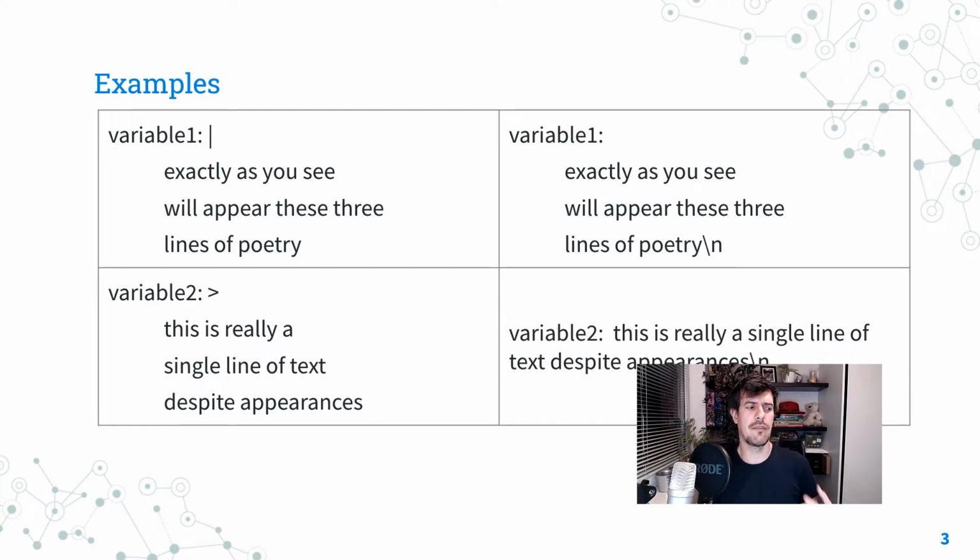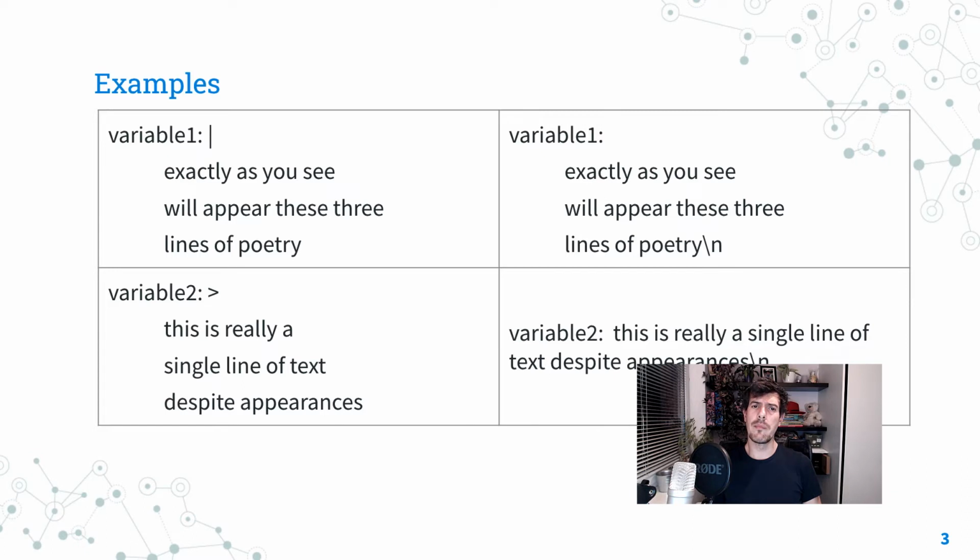The result of this is that variable 1 remains multi-line, but variable 2 is collapsed into a single line, with new lines substituted with spaces. Please note that both variables have a new line at the end of the string.